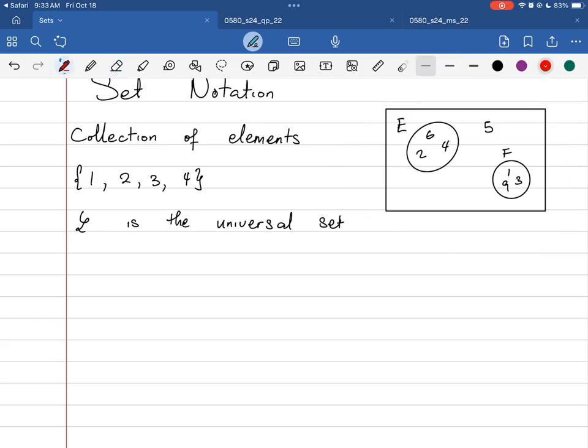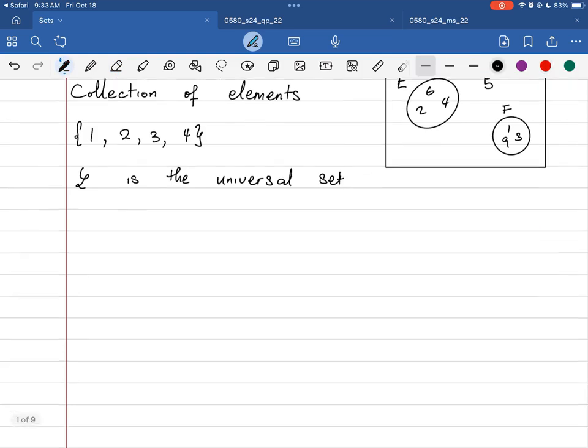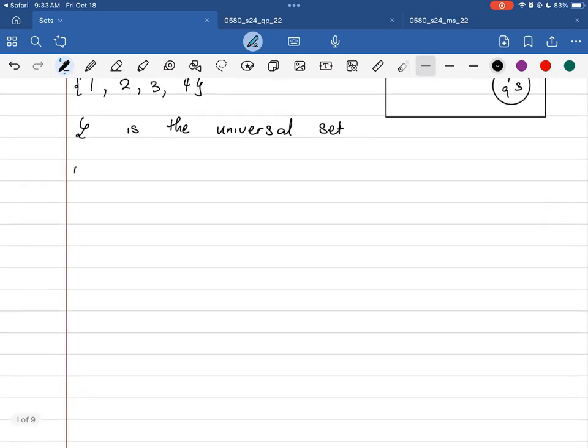What else do you need to know? This means an empty set. If you see this notation, it means there's really nothing inside. It's a set with no elements in it.